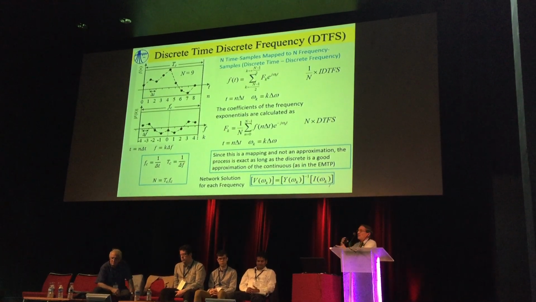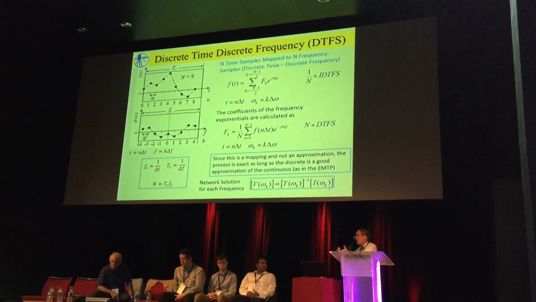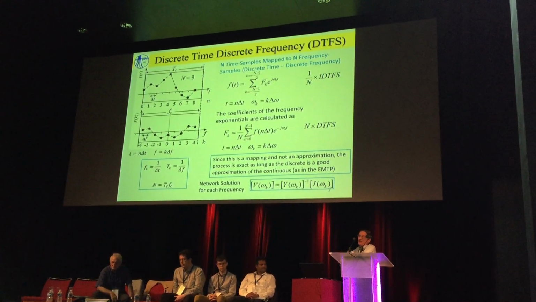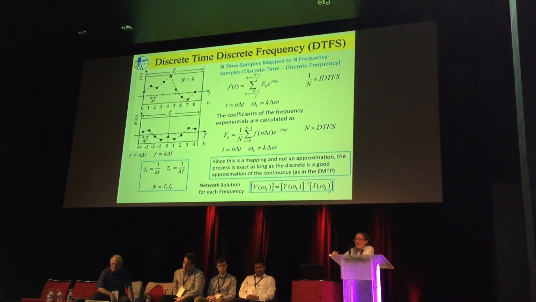So there is a one-to-one correspondence between the number of frequency components and the number of time samples. It's an exact mapping between time and frequency.